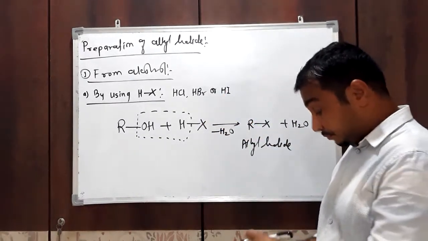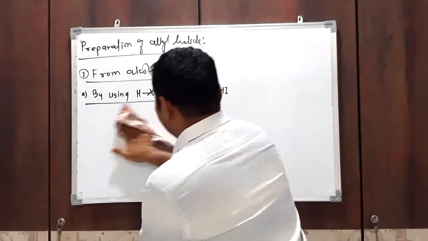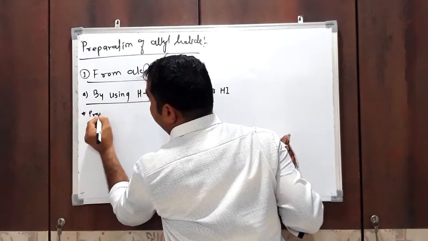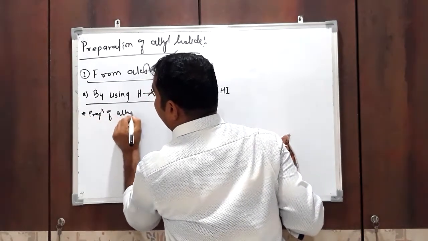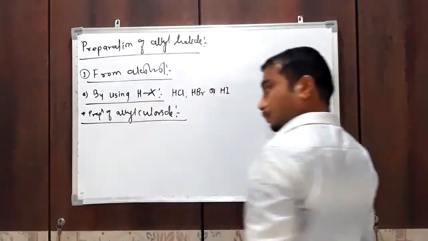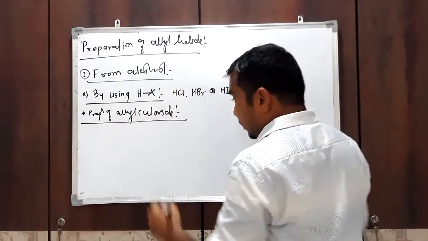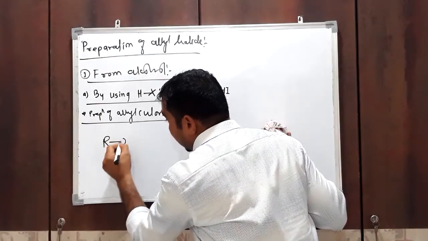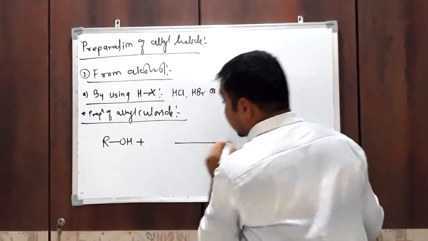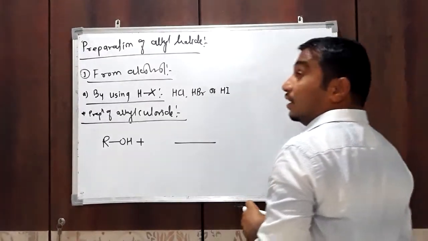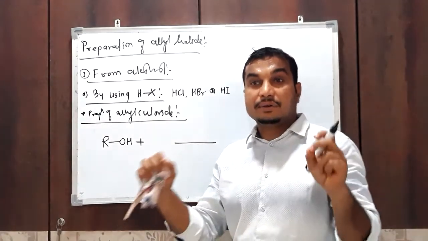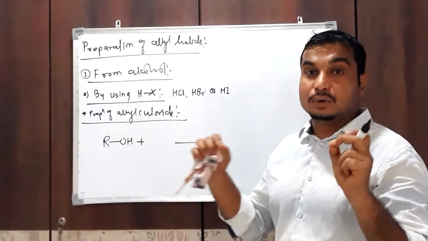Now preparation of alkyl chloride. In this method, this alcohol is treated with a solution of anhydrous zinc chloride in concentrated hydrochloric acid.